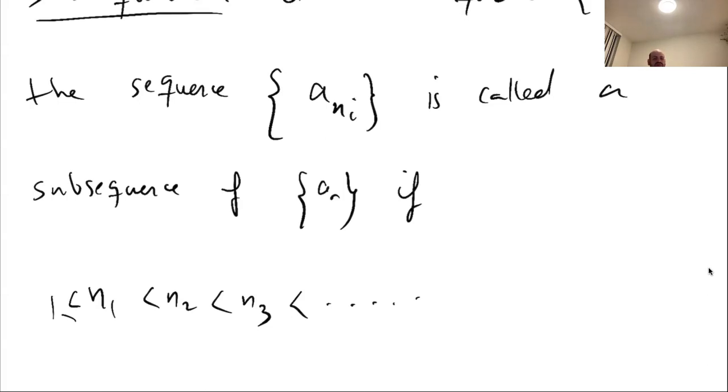So basically, if I choose certain indices of the original sequence, then I get a subsequence of the original sequence.